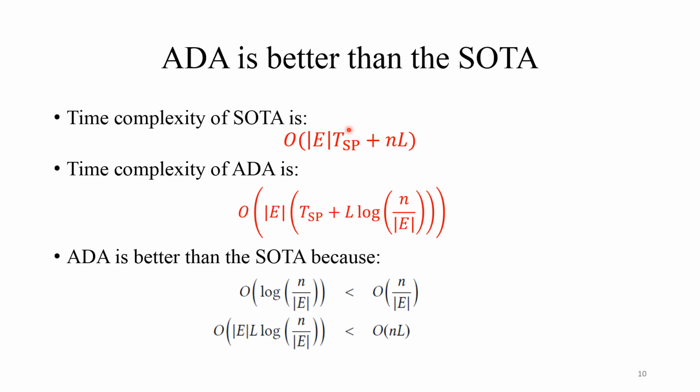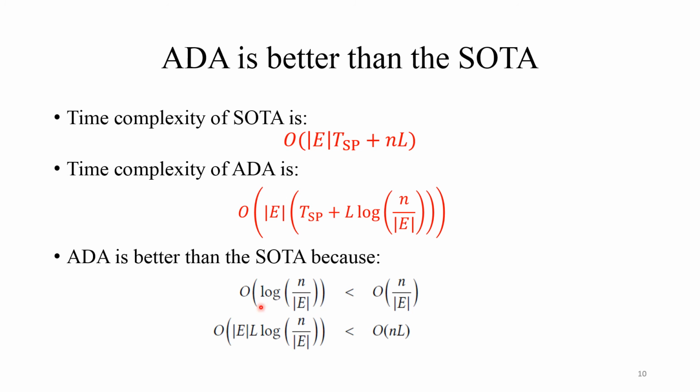Now you may ask, okay, we have these time complexities for ADA. Then so what? Why do we need to care about that? The main reason is that it shows that our method ADA is theoretically better than the state-of-the-art solution. Now let's check it. You can see that the first terms in these two expressions are the same. Now let's check the second term. Is this one smaller than this one?